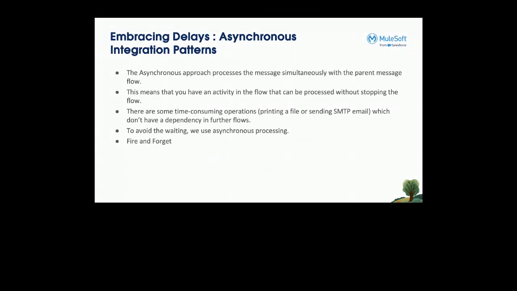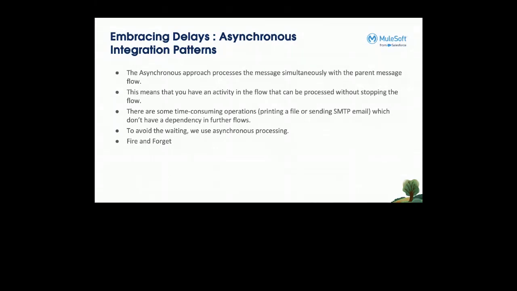There are so many types of asynchronous integration patterns: pub sub, hub to spoke, message brokering, and batch integrations. All are types of asynchronous integration patterns, and they give us scalability. For example, pub sub or hub to spoke. Hub to spoke is where you just send the data to a hub.